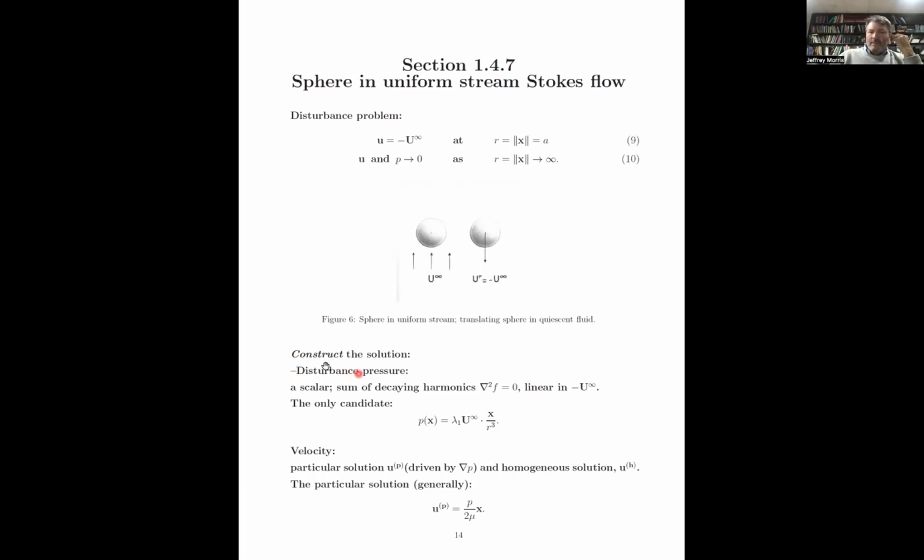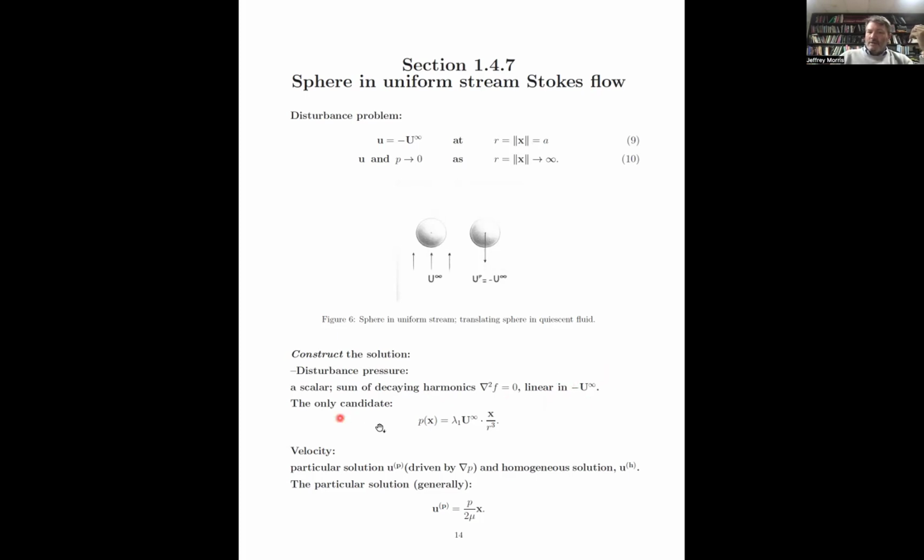So the disturbance pressure must be a scalar that has to be harmonic, because if I take the Stokes equations, del squared P is equal to 0. So it has to be a harmonic pressure. And if it weren't for the fact that this particle were moving with u infinity, there would be no problem to solve. So the pressure itself must be linear in that driving force of minus u infinity.